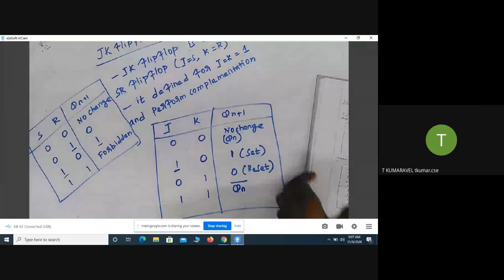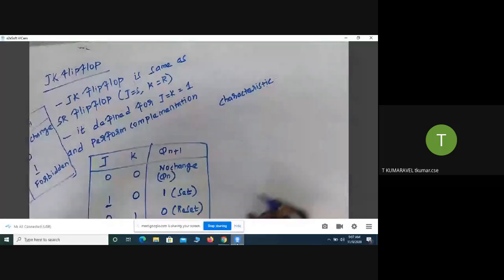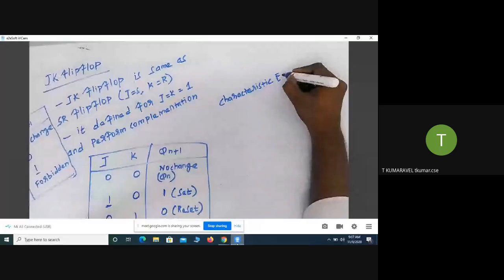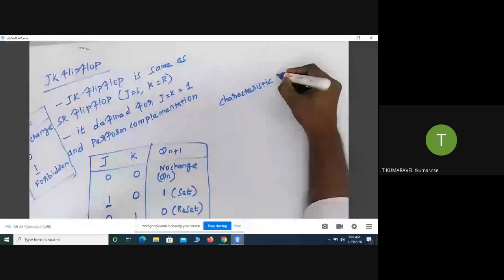So next, I'm going to talk about the meaning of the characteristic table. Already last class we have seen the characteristic equation, which talks about the behavior of the flip flop. The characteristics table talks about the behavior of the flip flop.